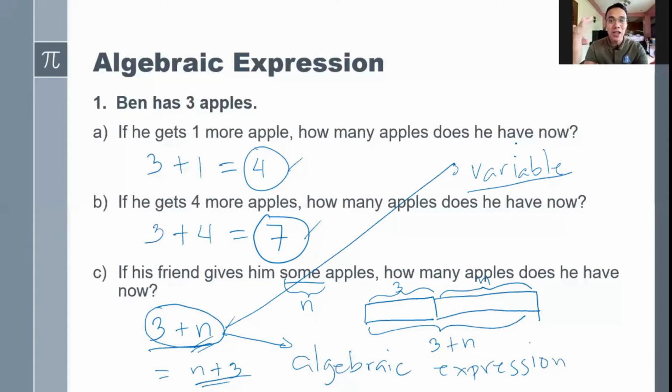So those are examples of variables. Okay, the opposite of variable is constant, just like 4, 7, 10. Those numbers are constants because when we say constant, its value will never change no matter what happens.